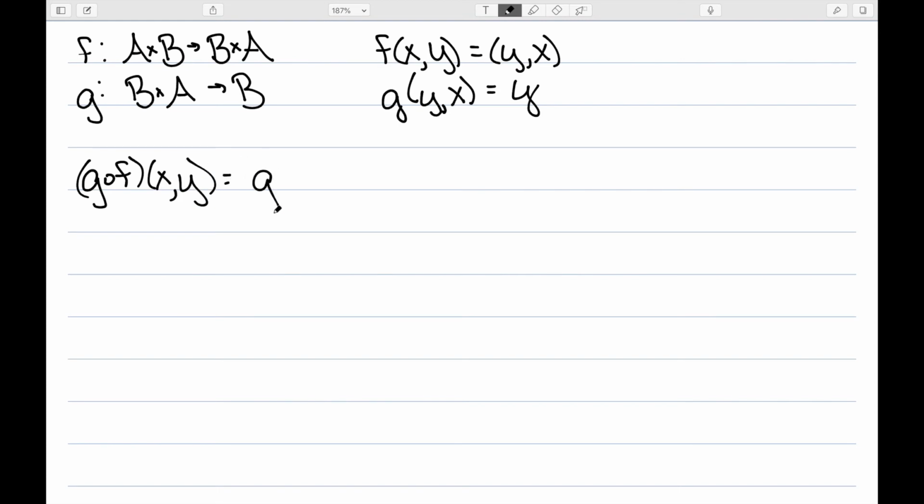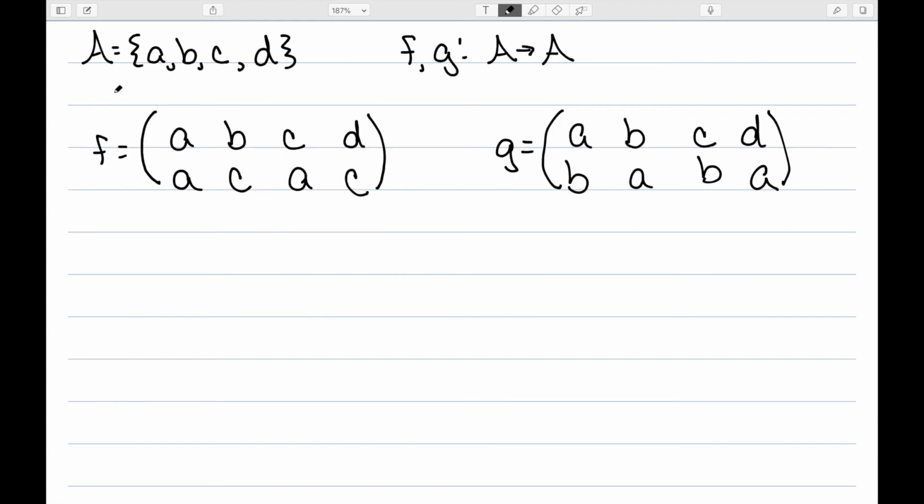This means g of f of (x, y). I always start with the inside. I know the definition of f of (x, y) is (y, x). And then I know g of (y, x) means y. So g of f of (x, y) is just y. Combining these two functions outputs the second coordinate.